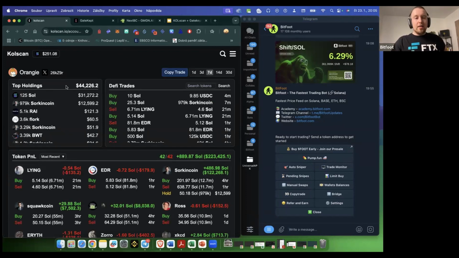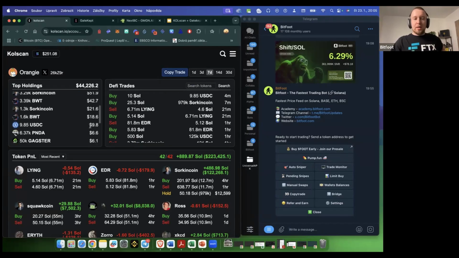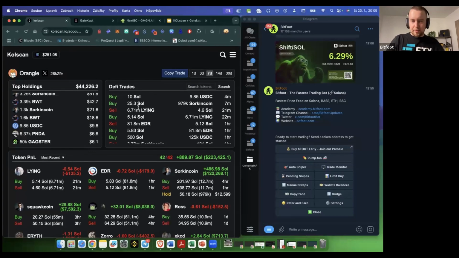So here you can see their top holding is Solana. Then we have some Sorking coin, but mostly he's holding Solana. Yeah, we can check. He just bought $10,000, or it's just 10 SOL worth of USDC.